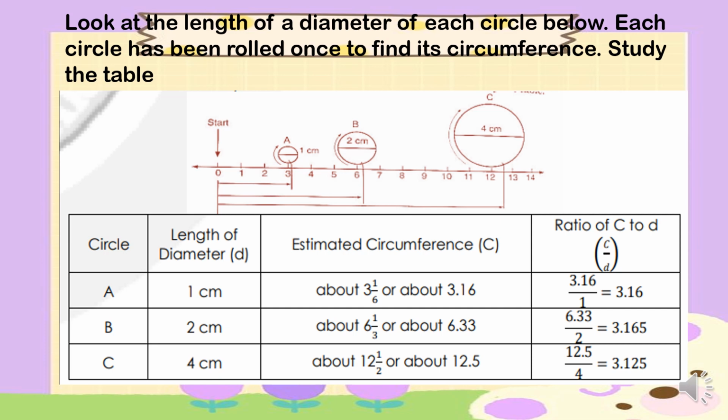For circle C, the length of the diameter is 4 centimeters and the estimated circumference is about 12 1/2 or about 12.5 centimeters. And the ratio of C to D is 12.5 over 4 equals 3.125.